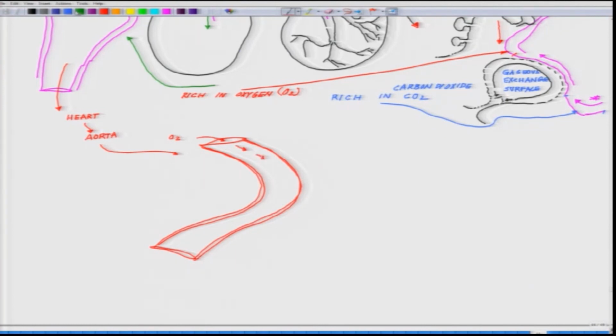Now it reaches the site where you have the tissues, and this is where it has to exchange the gas. Now it is no more in the lungs, it is in other tissues, okay? And these cells and tissues have their own biological requirements of oxygen.